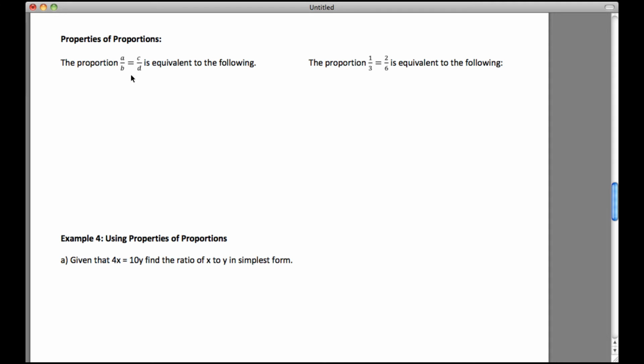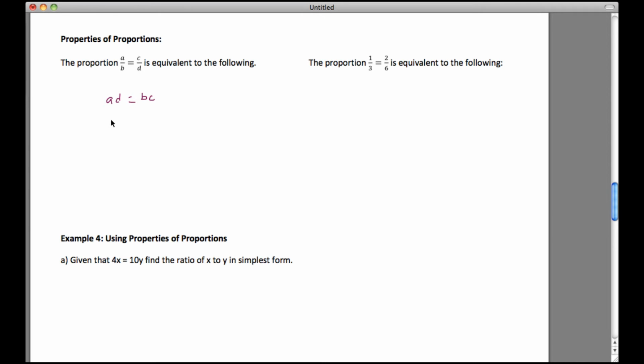The proportion A over B is equal to C over D is actually equivalent to the following things. AD is equal to BC, right? That's the cross products. Okay? So when we talk about the cross products, this proportion is equal to this.